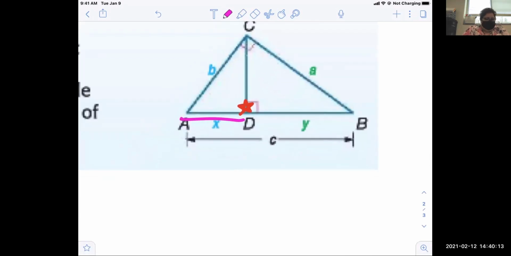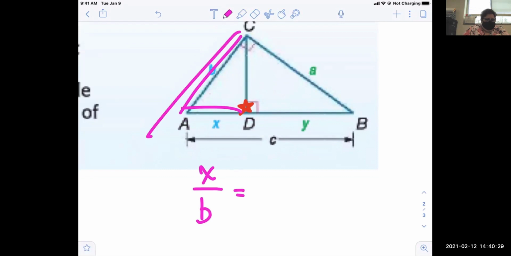Nyla, tell me that proportion. Right, go ahead. Equals B over what?